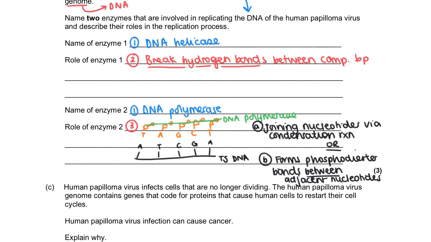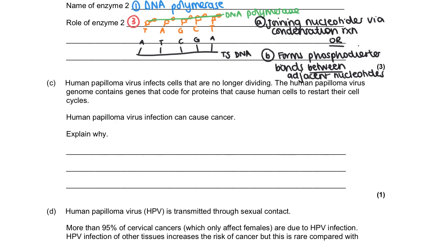So continuing down to question C, we can see now that we're continuing to talk about this human papillomavirus, and it's infecting cells that are no longer dividing. So this could tell us that they are already specialised, so they've left the cell cycle, or perhaps they're just about to undergo apoptosis, so that controlled cell death.